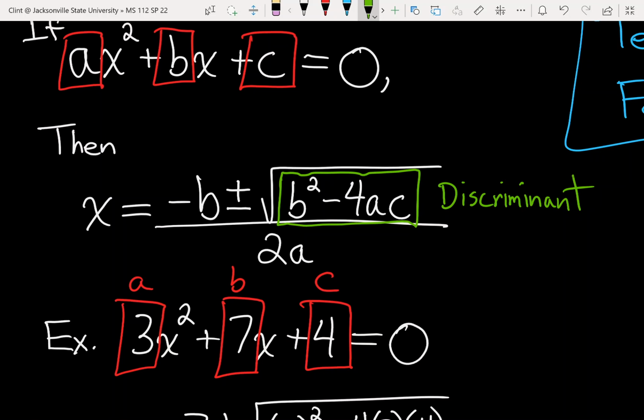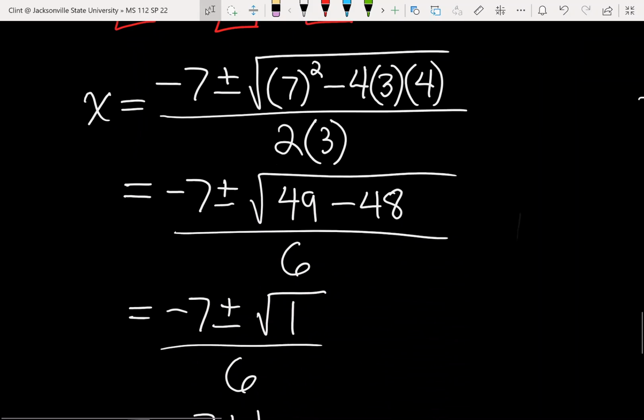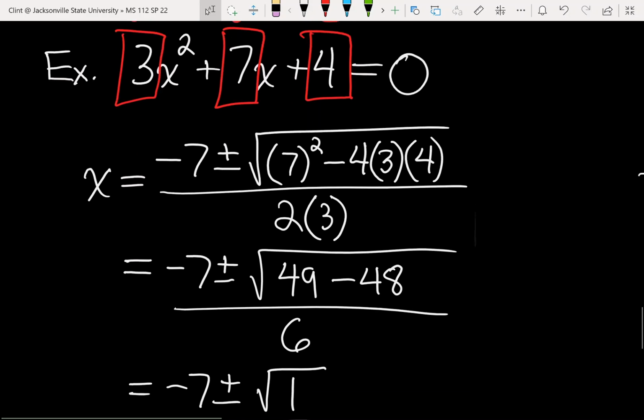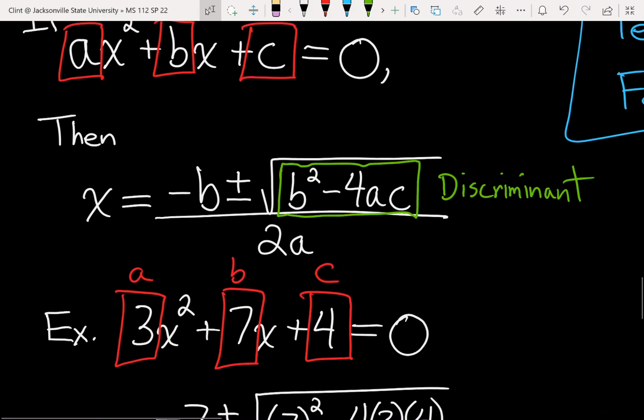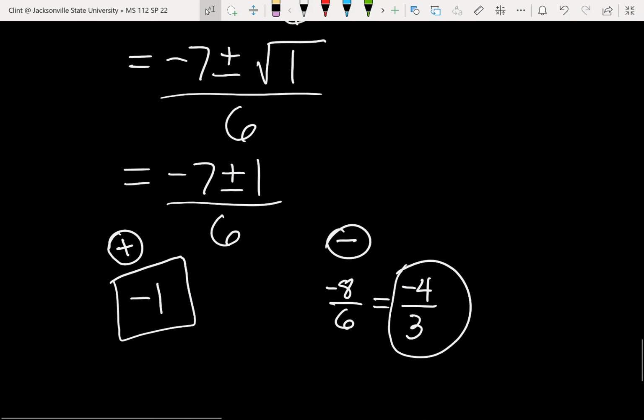We haven't done all of them yet, but if we look at this one we did last time, underneath the radical, where the discriminant is, we ended up with 1. So in that case, we ended up with 2 real solutions.